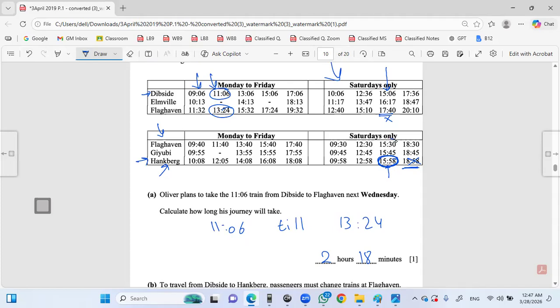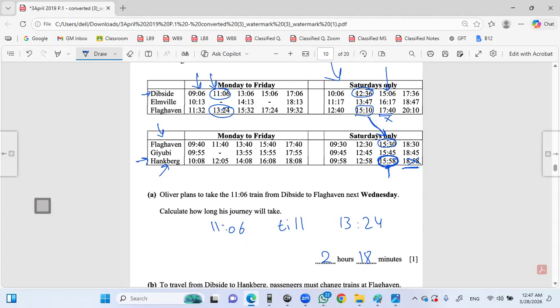So I need to take this train in order to arrive at this one. Taking the 12:36 is the train that is going to help you arrive at Flaghaven at 15:10, which will help you take the other train, because they said you have to change trains. That is the 15:30 from Flaghaven until you arrive at Hangberg at 15:58.